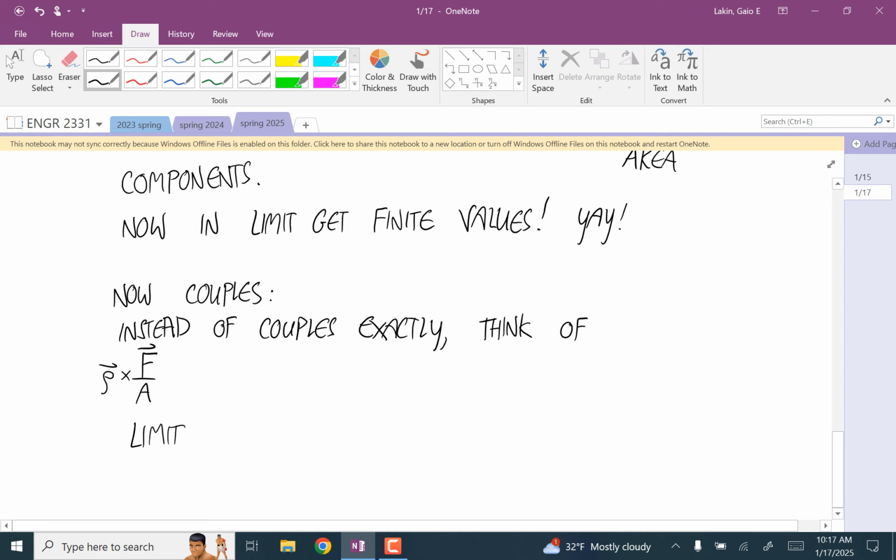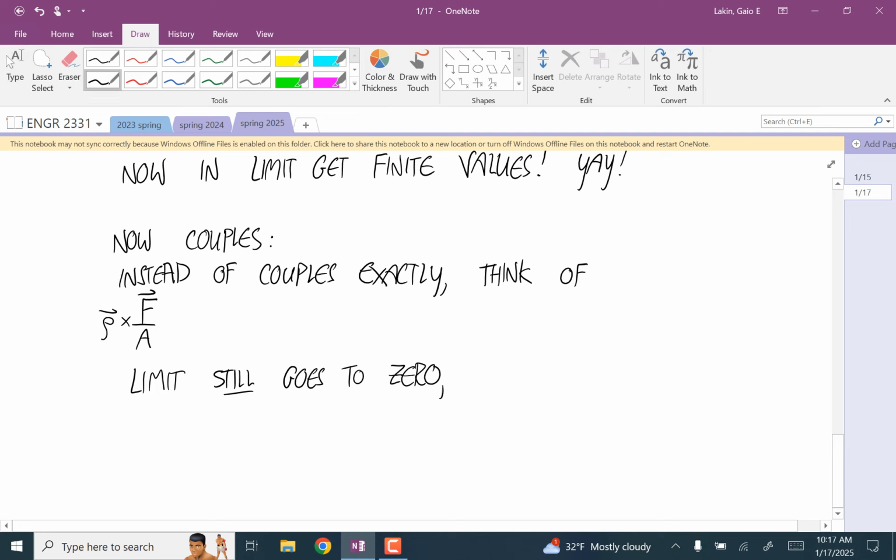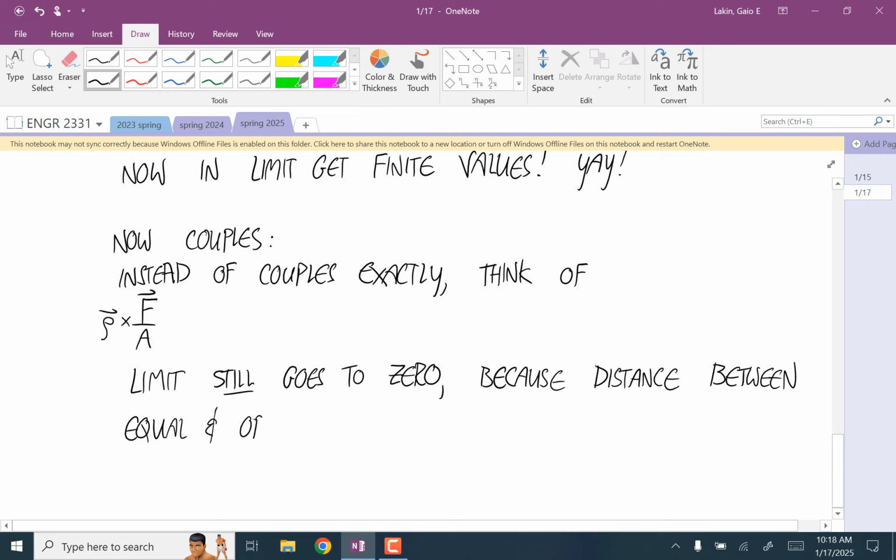So the limit still goes to 0, because the distance between the equal and opposite force per area goes to 0.